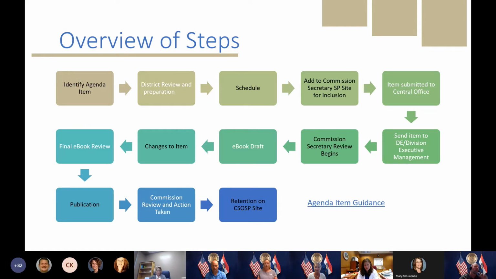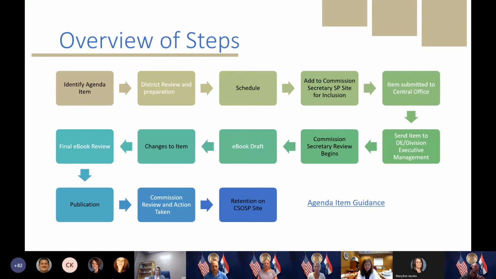All documents related to the agenda item are uploaded to the Commission Secretary SharePoint site. Keep in mind that adding these documents to the site ensures collaboration on the correct documents and includes the correct individuals. Once all documents are uploaded, the links to the documents for each agenda item will be sent to the respective district engineer or division head for review.